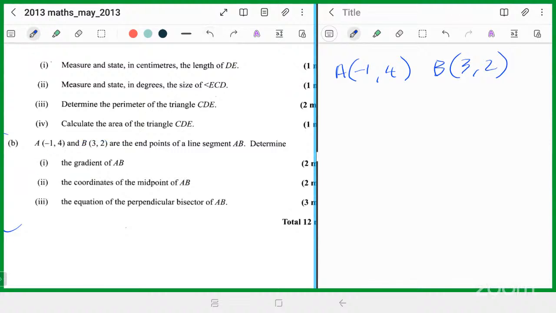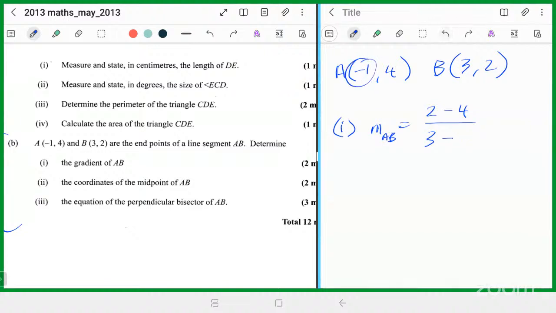The gradient is rise over run: the difference in the y values over the difference in the x values, right? Let's just call the gradient M. Let's say we're doing the B point minus the A point. The difference in the y values is 2 minus 4, over the x value 3 minus negative 1.